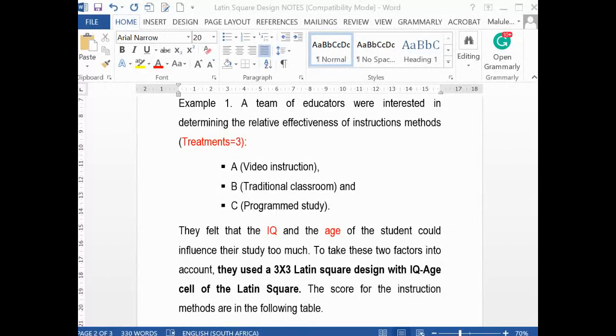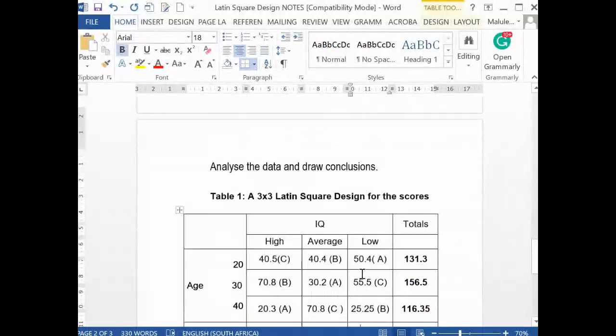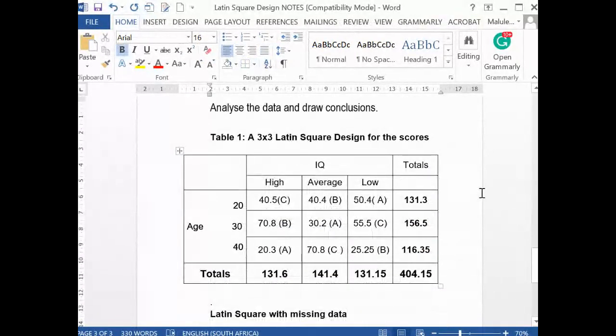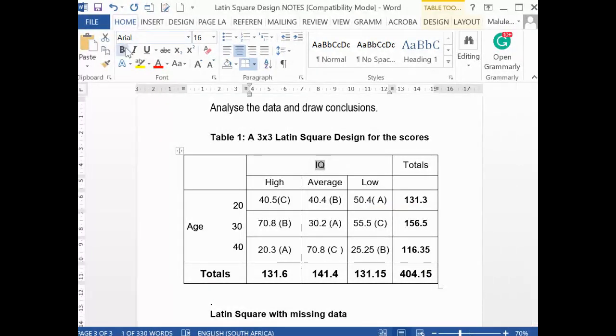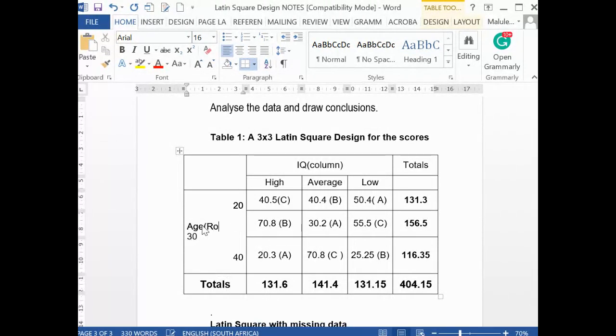Let's check the data set. I think this data set is from your study guide. Here's the data, guys. IQ is the column. Age is the row, isn't it?